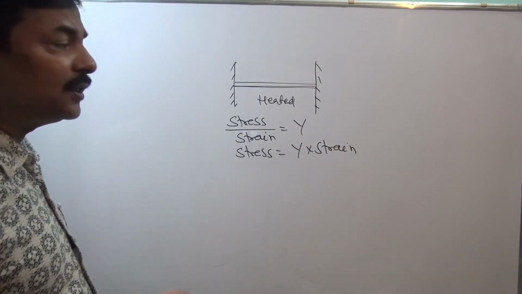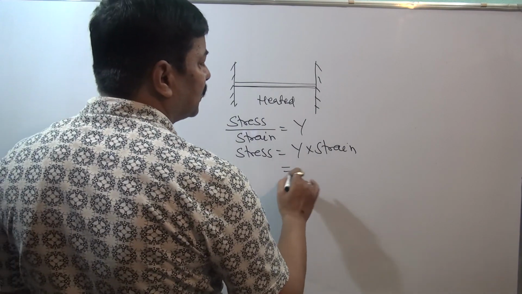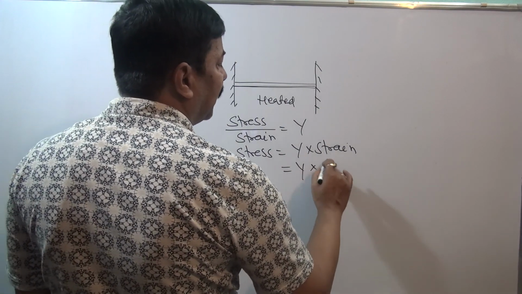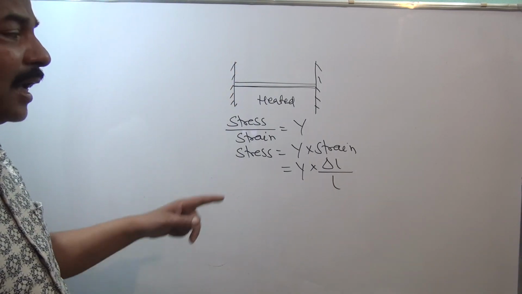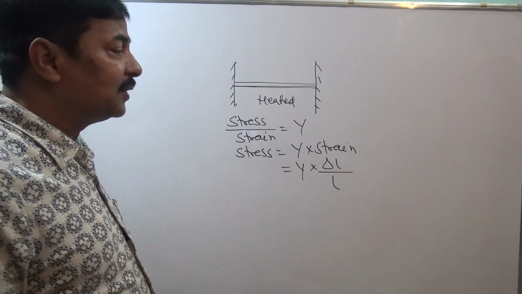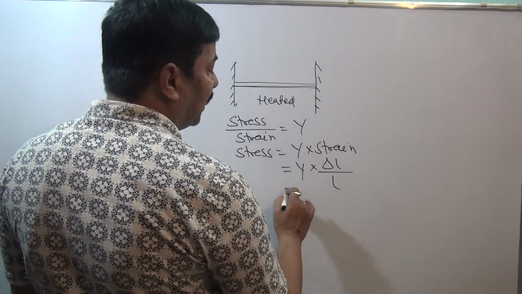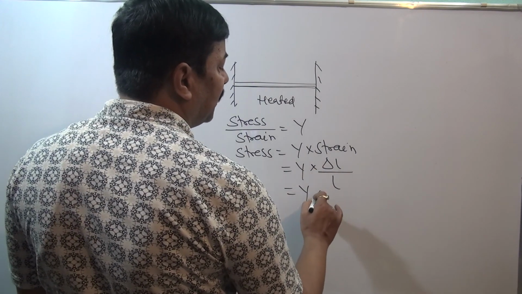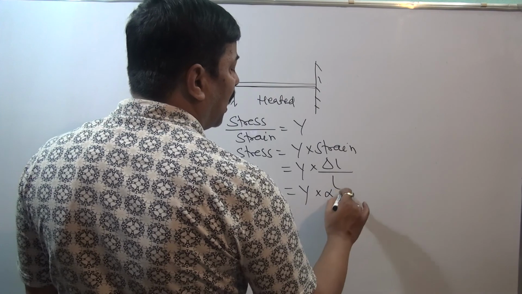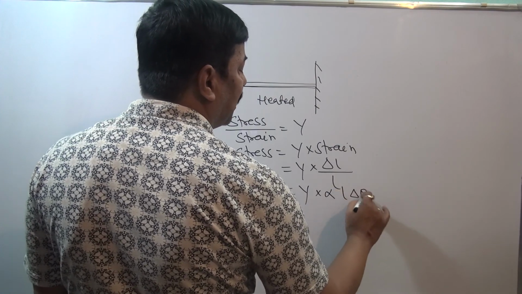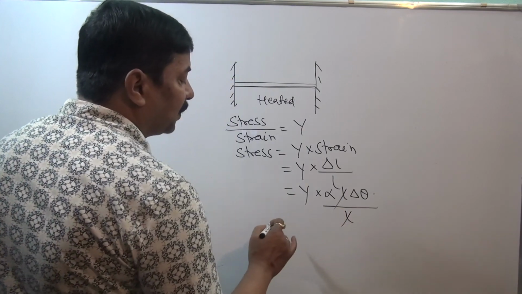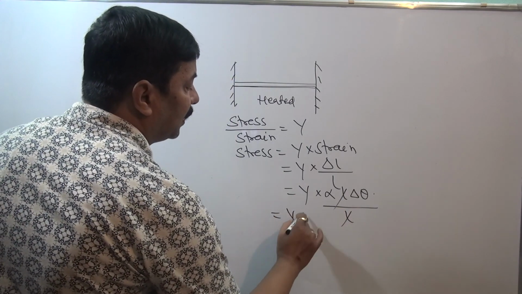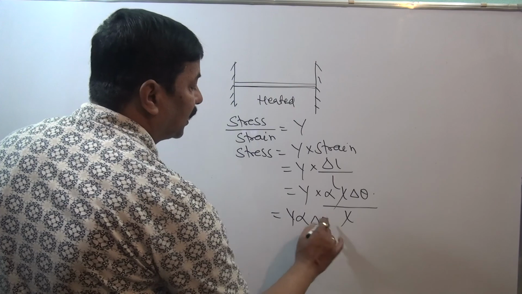As from the definition of a strain, this is Y delta L by L. And in heat, I have already discussed that delta L is basically alpha L delta theta, divided by L. So L will cancel, and you are getting Y into alpha into delta theta.